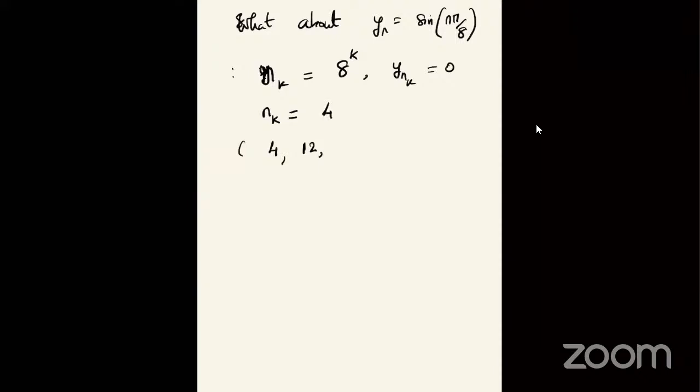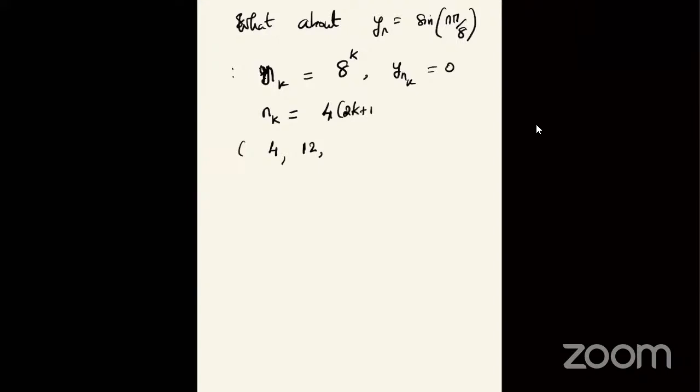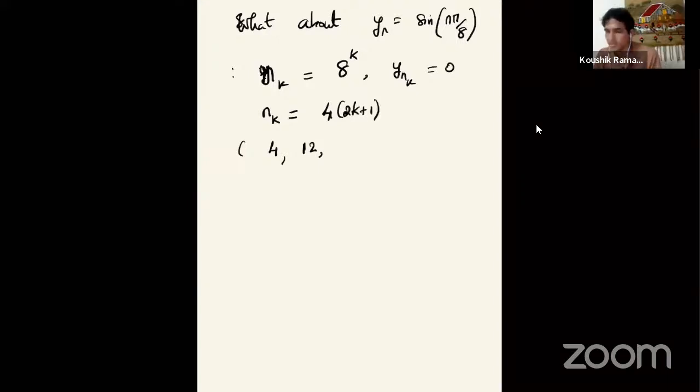We can compute the nth term. It will be a plus n minus. So you want only odd multiples of 4, and minus 4. Okay. So if you take 2k plus 1, for instance, what will happen here?